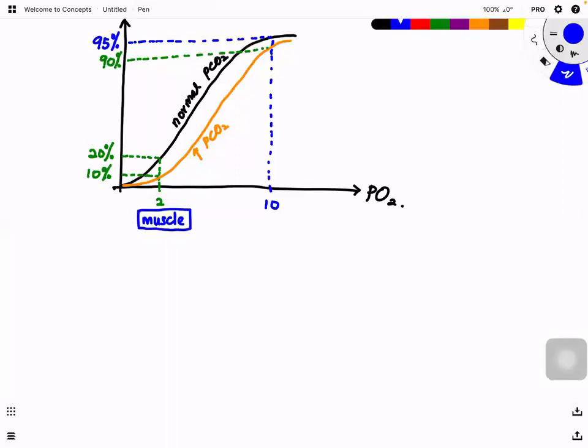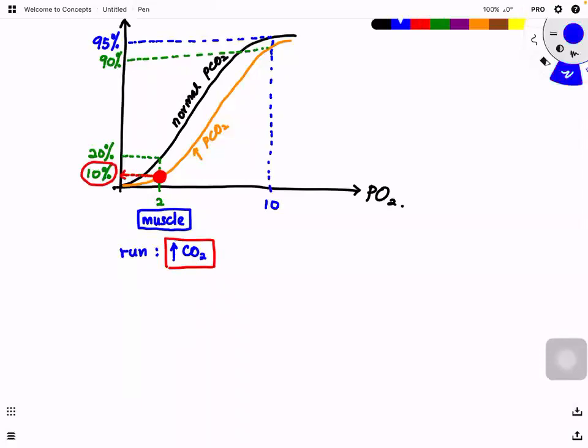When running, your partial pressure of CO2 will be high. So which part of the graph do you read? You're going to read it here, guys. Why? Because when you run, you carry out activity, your CO2 concentration is high. So therefore, I read this 10%.